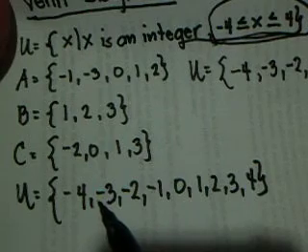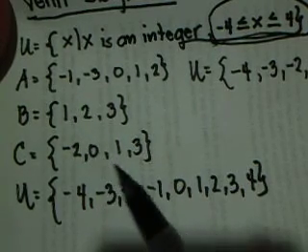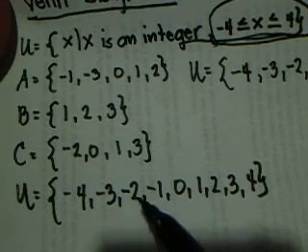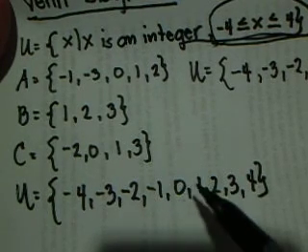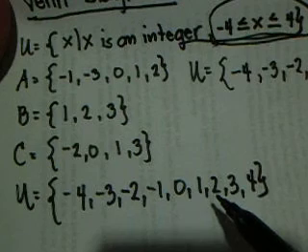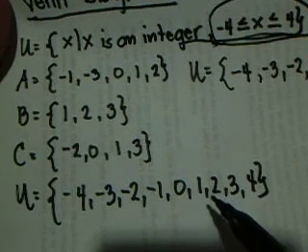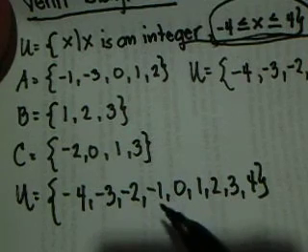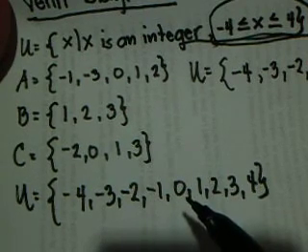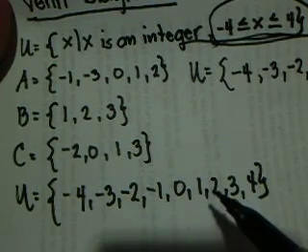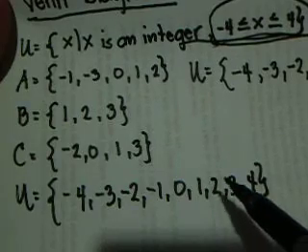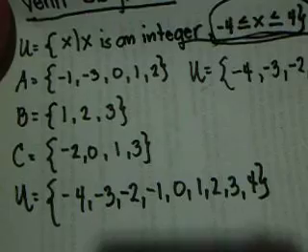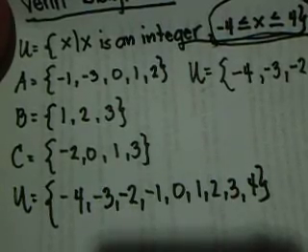Yes, we can, because -1 is here, -3 is here, 0, 1, and 2. The same goes for the elements of B: 1, 2, and 3. With C also we have -2, 0, 1, and 3. So we can say that A, B, and C are subsets of U.